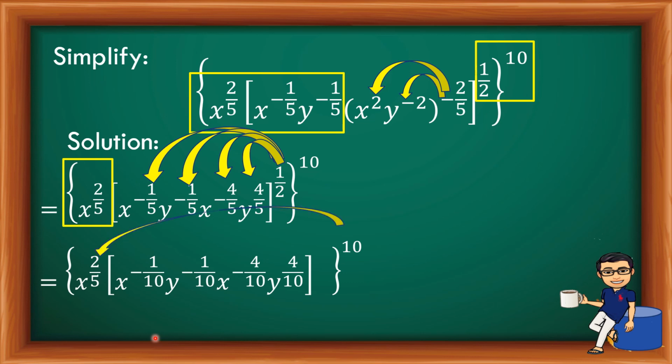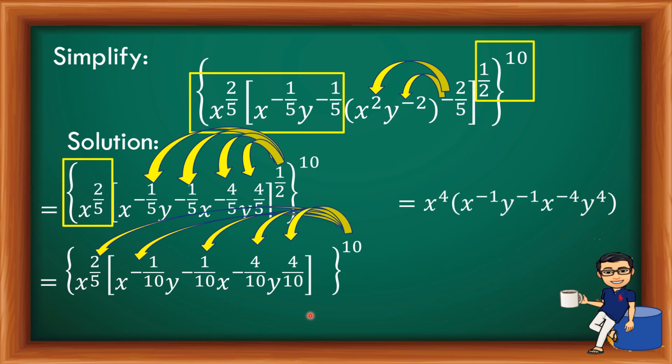Then after that, this time around, the exponent 10 outside the braces is what we distribute, one at a time, to all the parts that have an exponent. So, we have that, and this will be the result. x raised to 2/5 times 10. 10 times 2 is 20, divided by 5 is 4. So x to the 4th here.